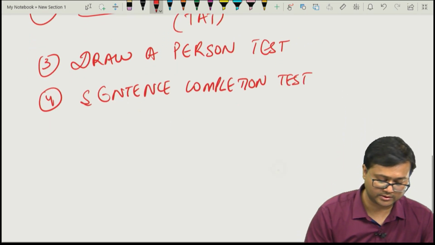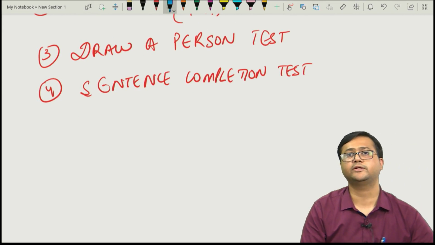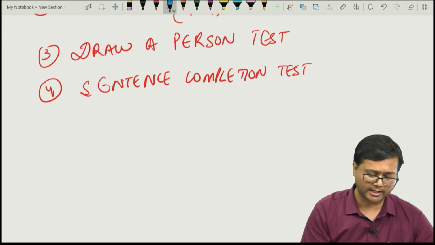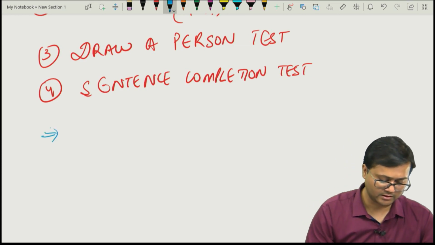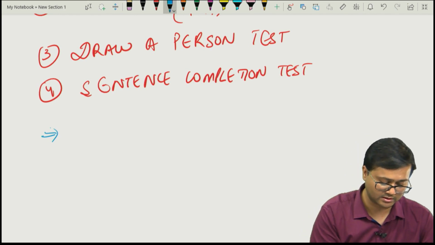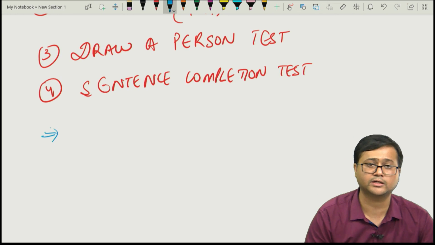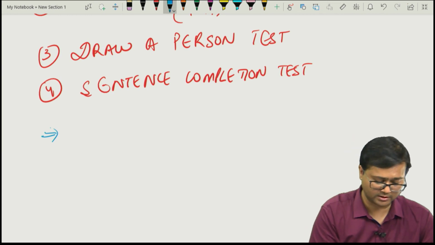Now these basically help us to understand the hidden emotions, feelings and conflicts, and subsequently, based on the results of these tests, we may be able to tell whether there are any symptoms of psychiatric illnesses other than the personality assessment.